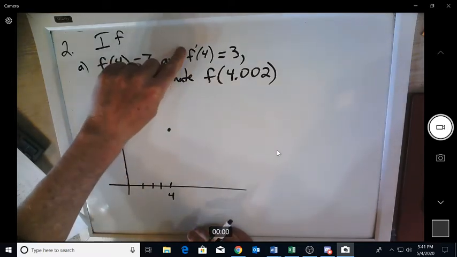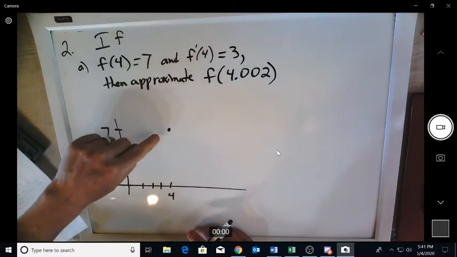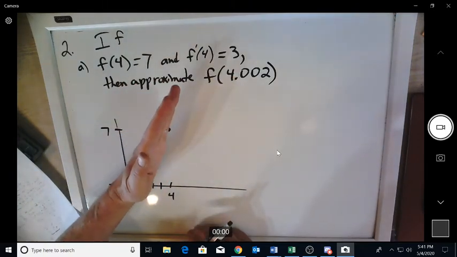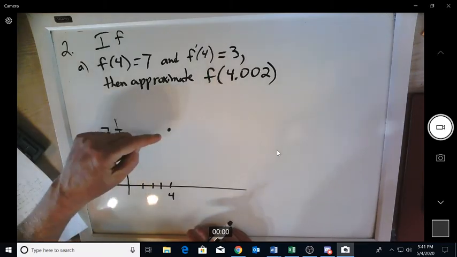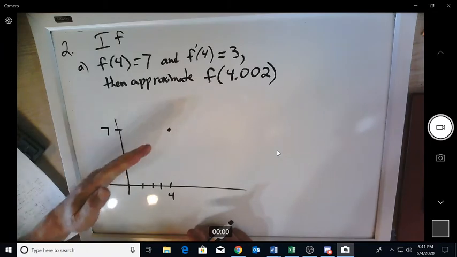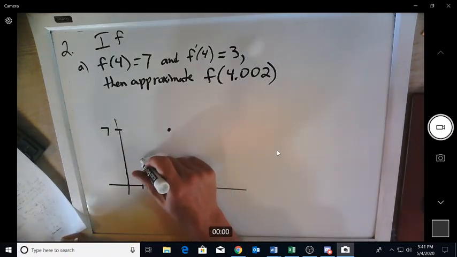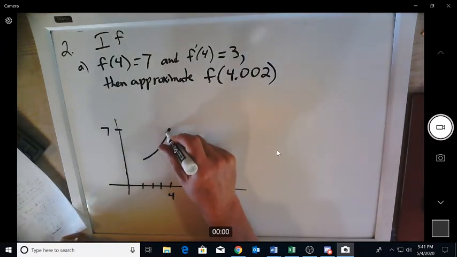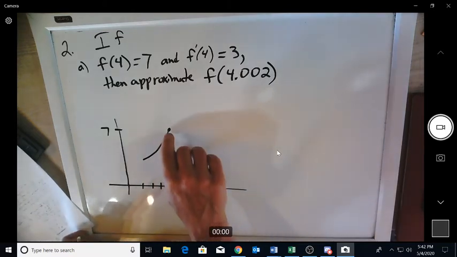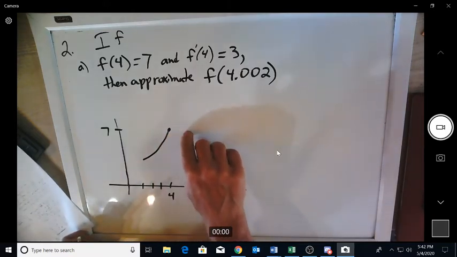This tells me the instantaneous slope, as it passes through this point, must be positive 3. It's going upward, so that by the time it goes to the right one, it would go up 3. So it's coming through this at a fairly steep positive angle. Now, if we stayed on the tangent line, we'd go 1 to the right, go up 3.